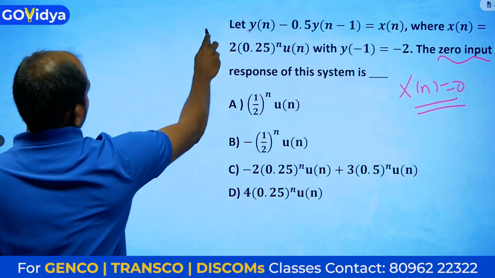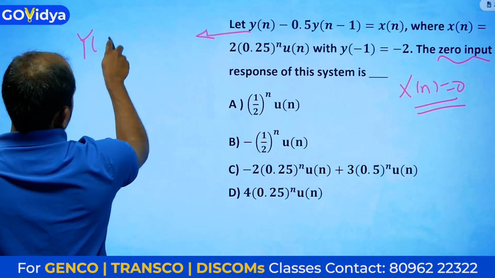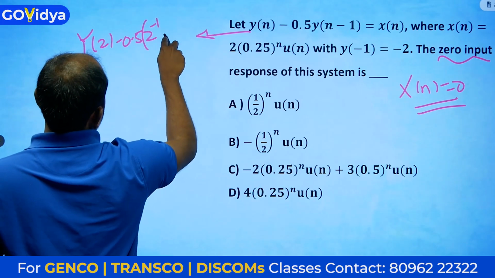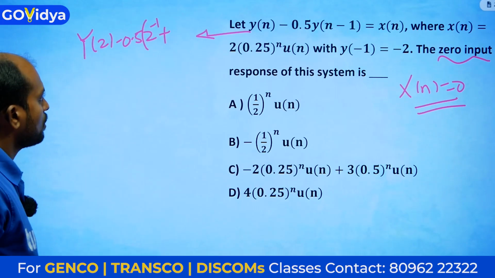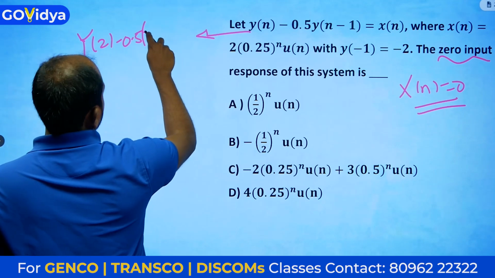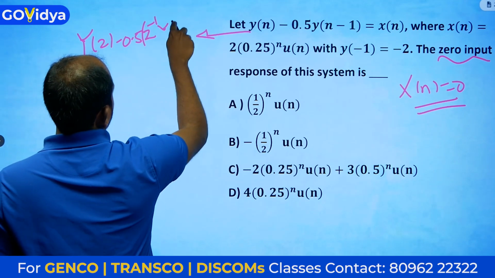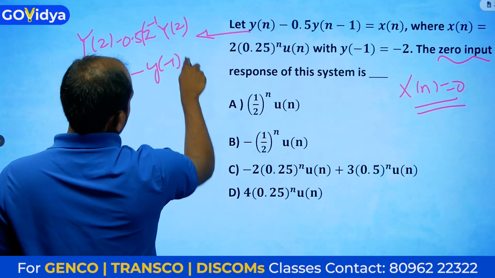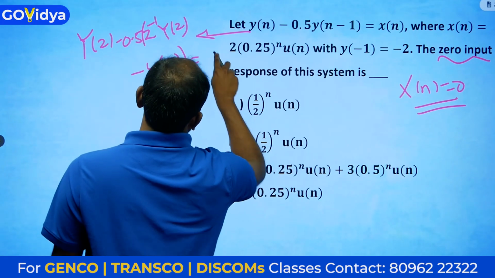Just apply the Z transform here. Y of z minus 0.5 into z power minus 1 into y of z minus y of minus 1 is equal to x of n, which is 0.